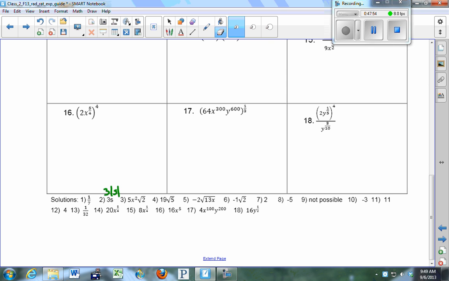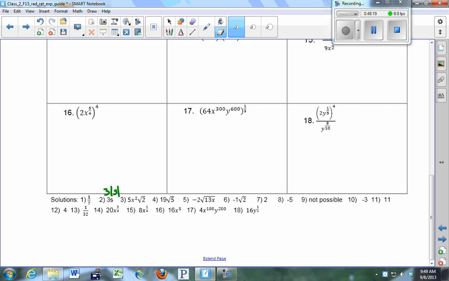So this becomes 2. Now, 8 to the 1/3 is 2, because it says, what number do I cube to get 8? It's 2 times 2 times 2. That's 8. Then you square it, and then you're going to flip it. So now let's square 2, 4. And now let's take its reciprocal, 1/4.